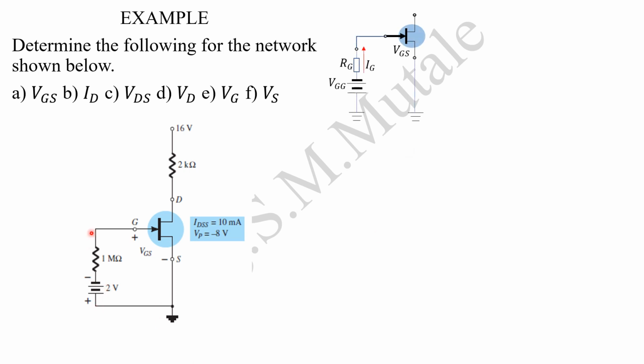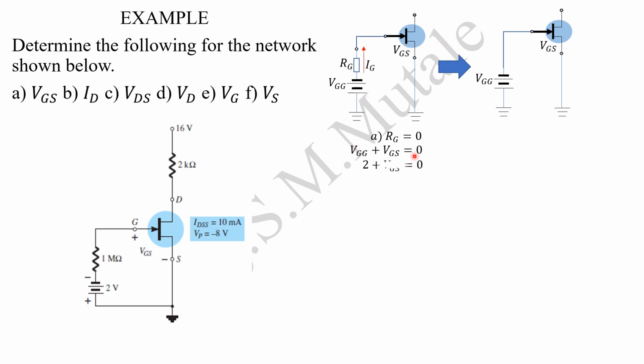RG is 0, so the circuit looks like that. From that, we formulate the equation: since RG is 0, VGG plus VGS gives 0. VGG is given in the question as 2 volts, so making VGS the subject, VGS is negative 2 volts.